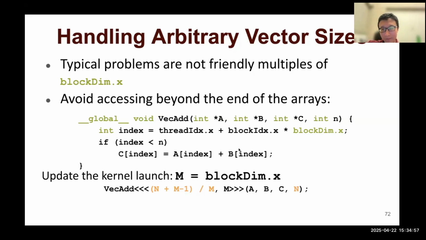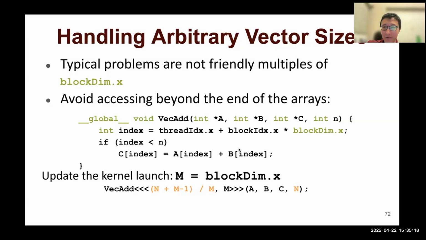Given this M, the other could be simply calculated based on this M. This number of blocks per grid will guarantee that you have barely sufficient blocks to cover everything. You don't want to waste extra blocks here.